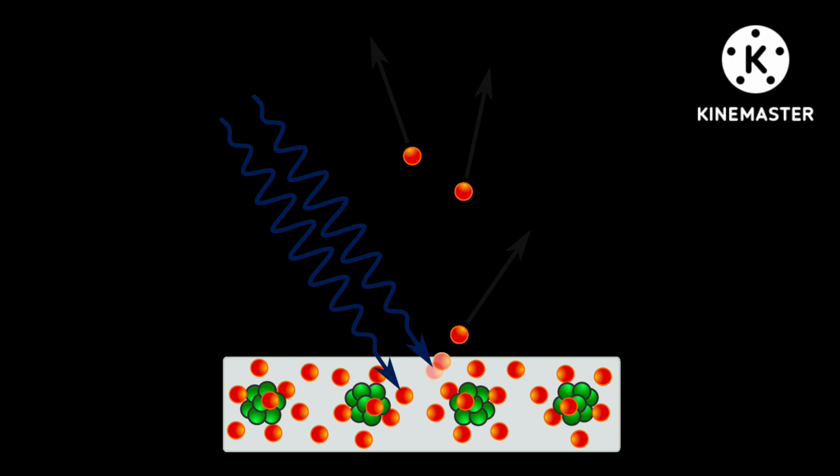But as soon as even a very weak yellow light, whose frequency is more than red, between 5.1 to 5.2 into 10 to the power 14 hertz, is used, the effect appears. Yellow light has a little more frequency, 5.1 to 5.2, but red was 4.3 to 4.6, with less energy.